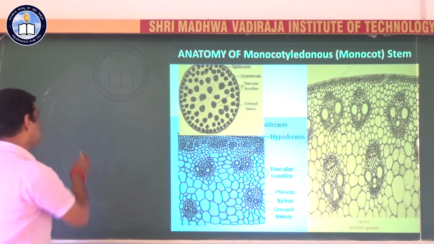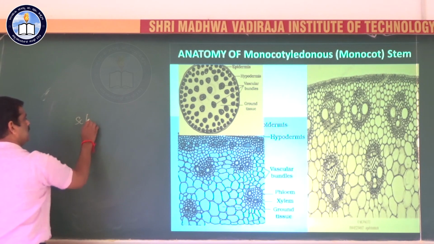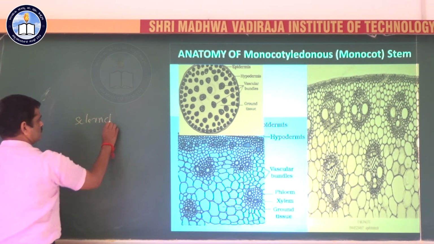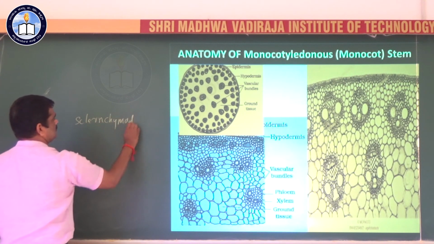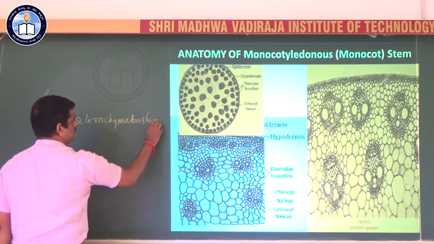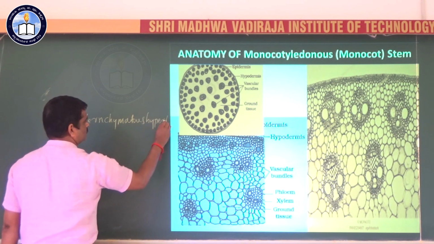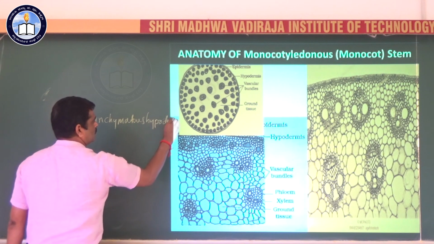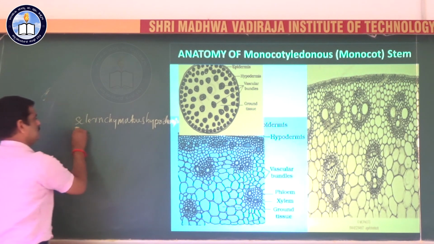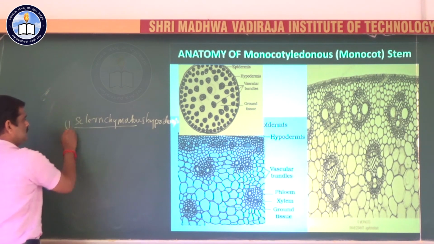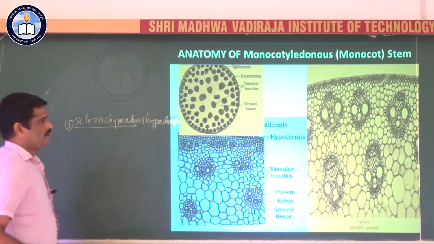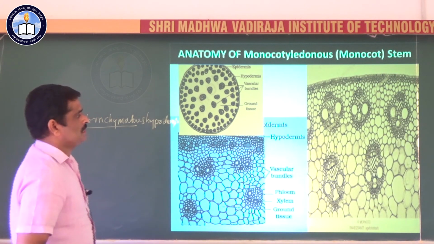And the hypodermis is sclerenchymatous. Hypodermis is sclerenchyma, and the bundle sheath is formed of sclerenchyma.